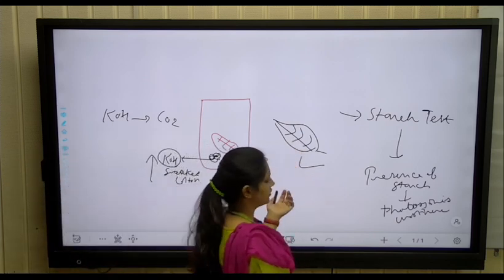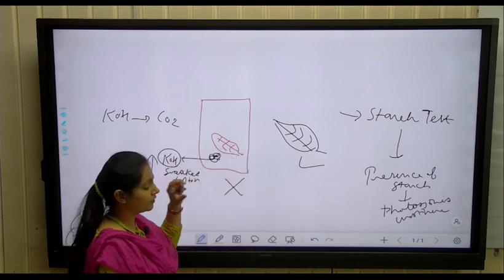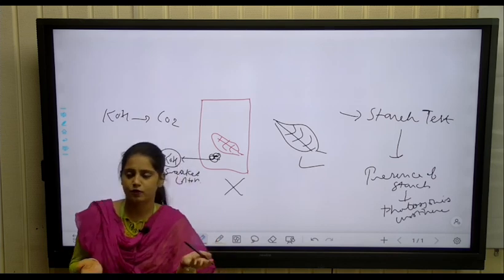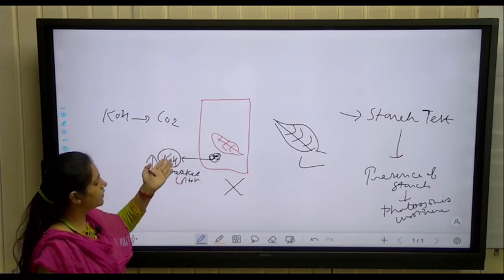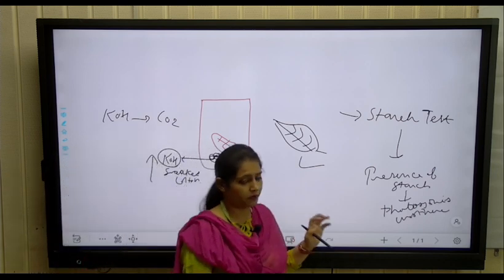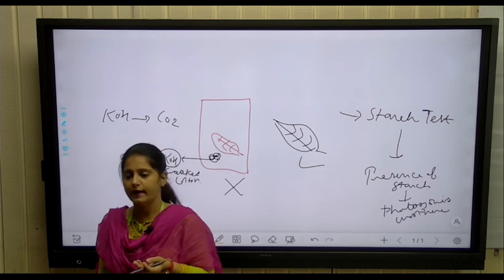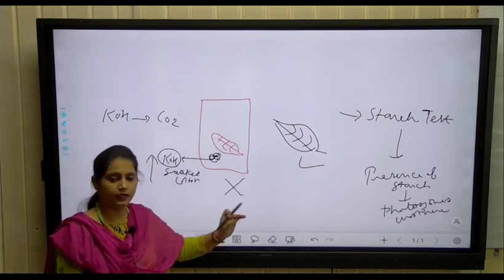Here CO2 was present in the air, here there was no CO2 because all the present CO2 was absorbed by the KOH. So the CO2 was absent, and without CO2 the carbohydrate cannot be formed, so the process of photosynthesis will not take place.